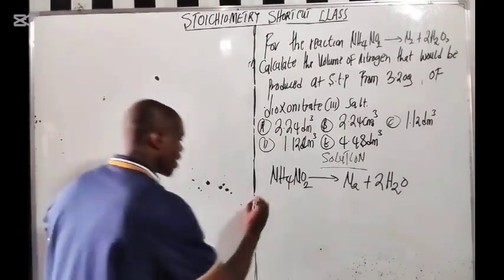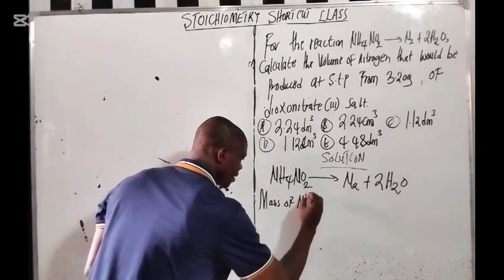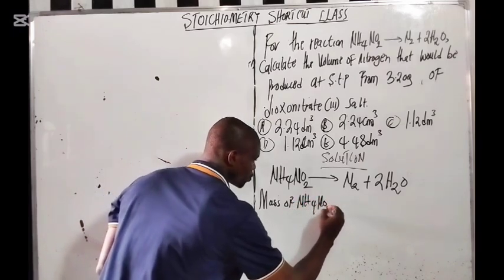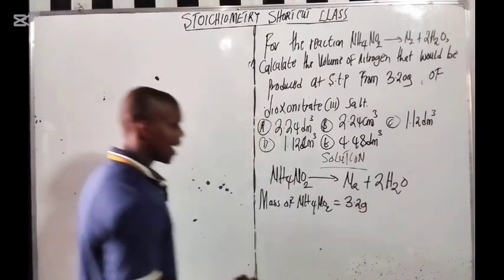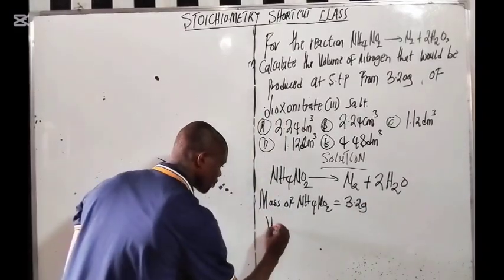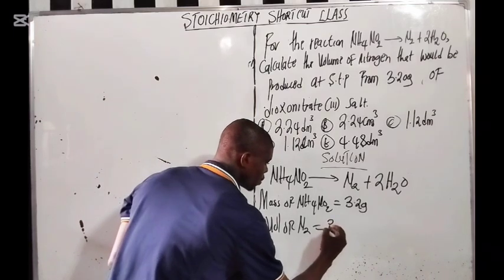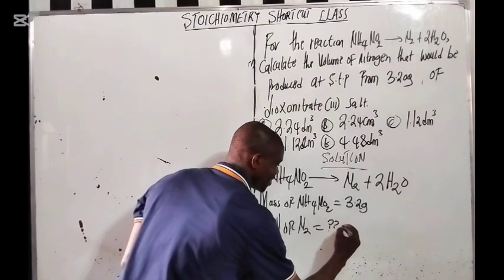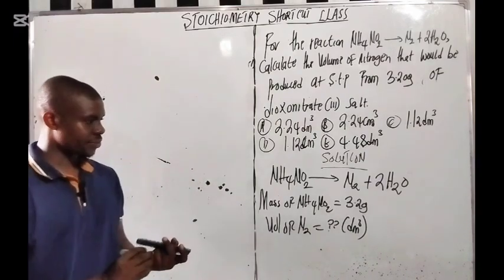So that's that. Mass of NH4NO2 is equal to 3.2 gram, right? So the volume of N2 produced is what you are looking for. It will be in dm cube or liter, right?